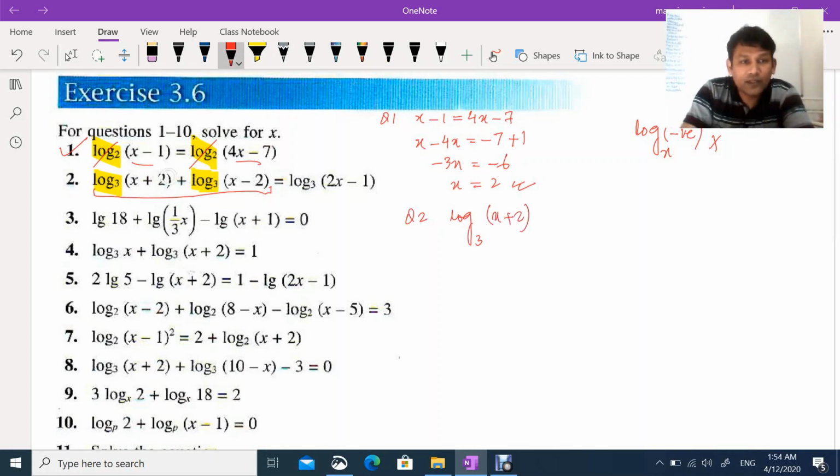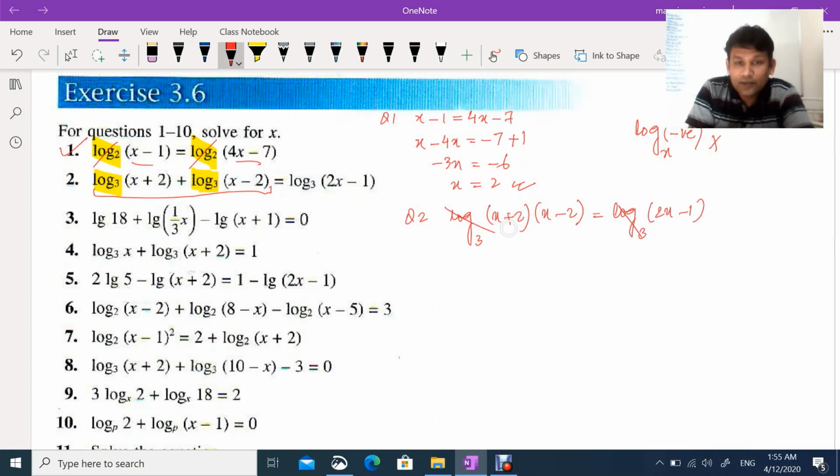When you have a plus sign, this will multiply: x plus 2 with x minus 2 is equal to log base 3 of 2x minus 1. This and this do not cancel out; we are comparing these two values.